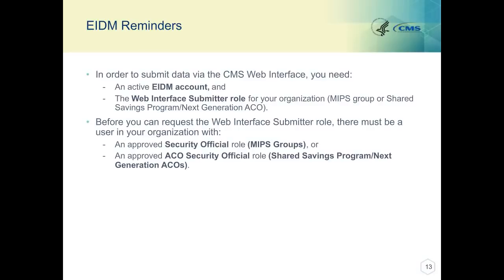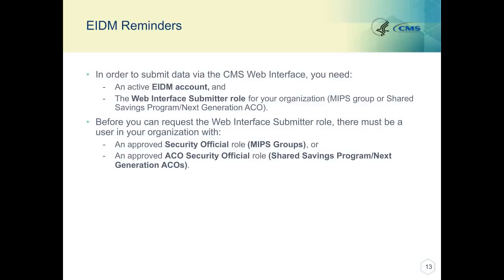What we will talk about now is specific to EIDM, but a lot of it will be very similar to the new system, so it's applicable whether we're talking EIDM or the new identity management system we'll be switching to. In order to submit data to the CMS Web Interface, you're going to need an active user ID and a role to submit data, in this instance the Web Interface Submitter role.